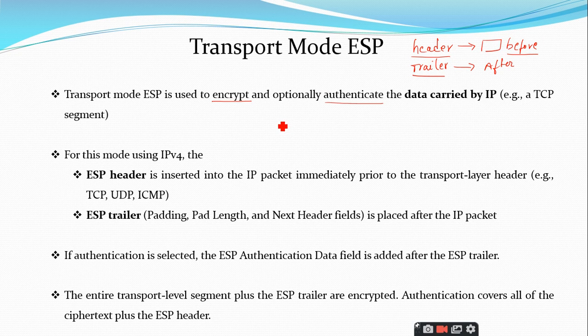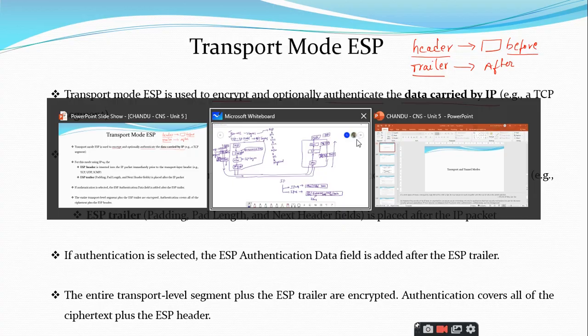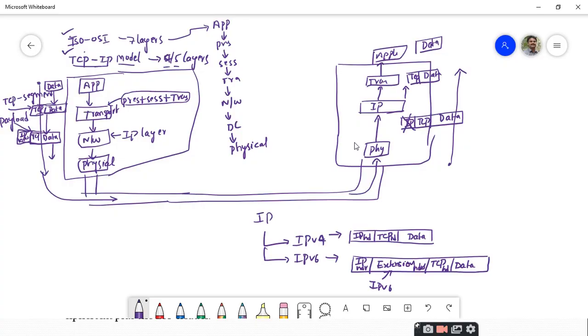So the transport mode ESP is used to encrypt, and optionally you can authenticate the data carried by IP. You have seen this one. Let us go with IPv4 only, not IPv6.